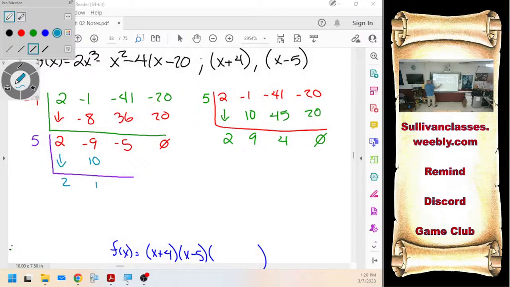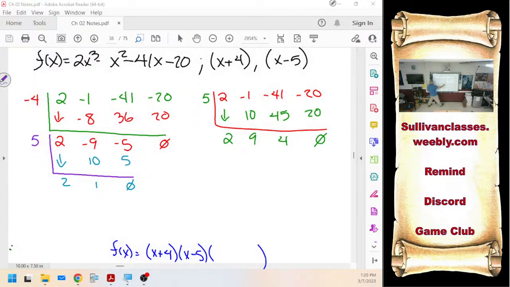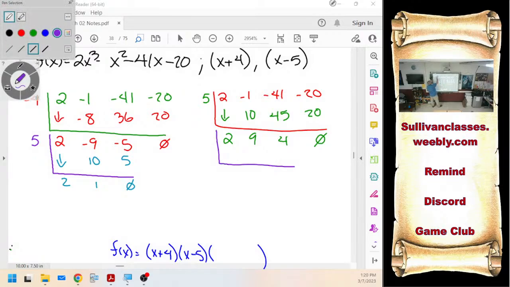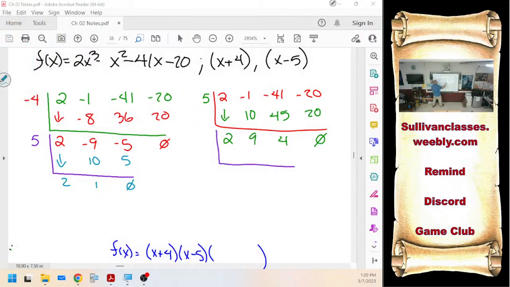Add them together is 1. 5 by 1 is 5. If I go in a chain and say if I've already done 5, let's try negative 4. Drop the 2, negative 8, 1, negative 4. But they both worked again, so what do you... Oh, they're the same.